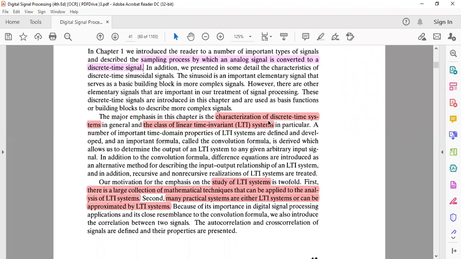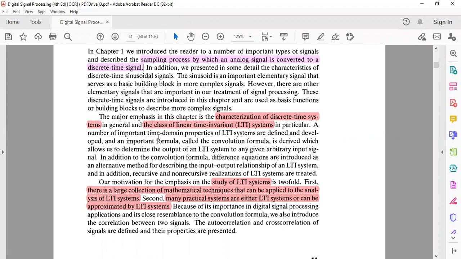We are no longer going to talk about analog signals. We are now going to talk about discrete time signals and then the systems that are used to characterize or process them. And one of the key classes of systems that we're going to talk about is the linear time invariant LTI system.